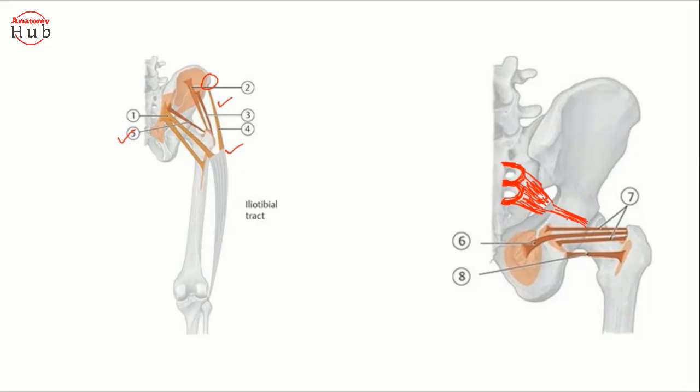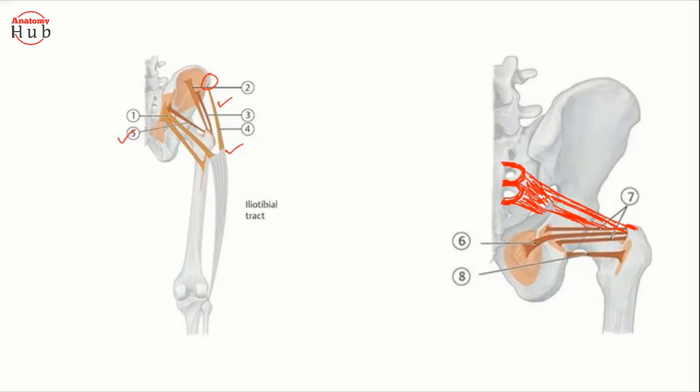And here this piriformis attaches to the apex. This is the apex of the greater trochanter, no? So this is the piriformis muscle. Okay, so the insertion of this piriformis muscle will be the apex of the greater trochanter of the femur, right? So this piriformis muscle is piriform shaped, no?